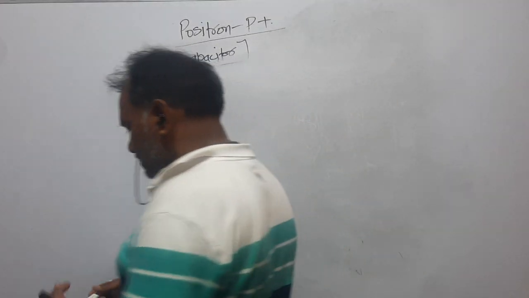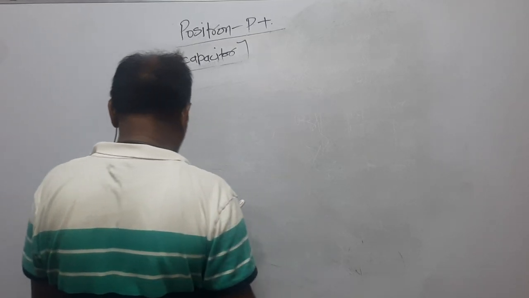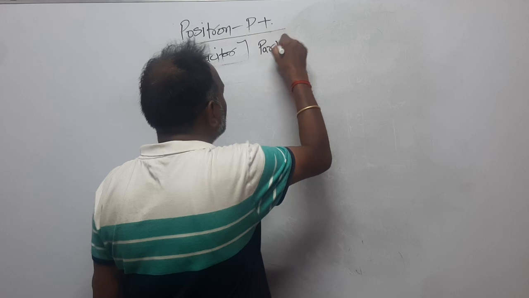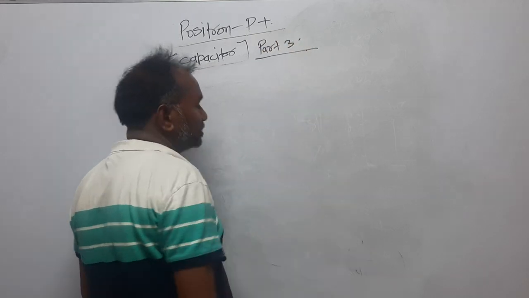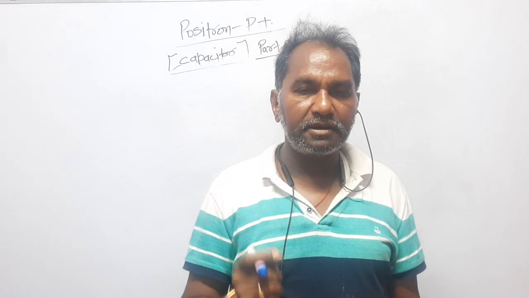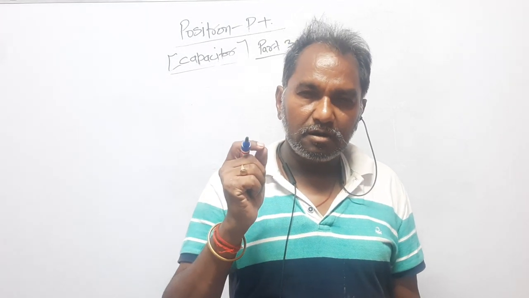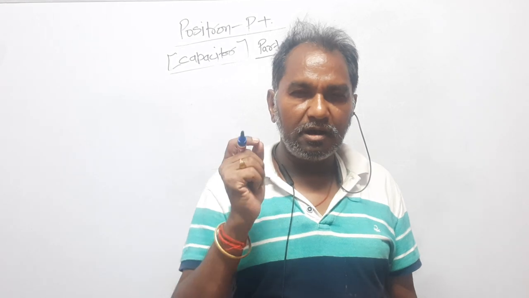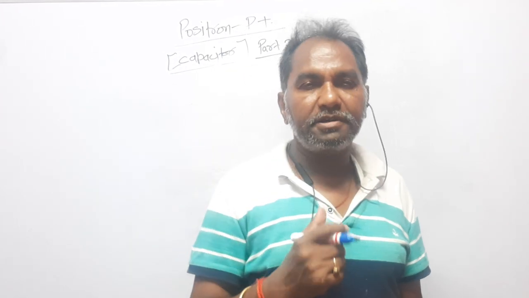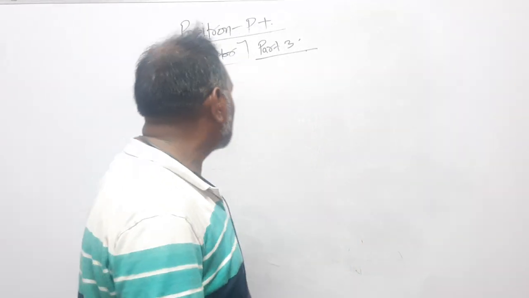Today's topic is the third part of the capacitor series, and it is about the impact on charge, potential, capacitance and stored energy of a capacitor when a dielectric is introduced.